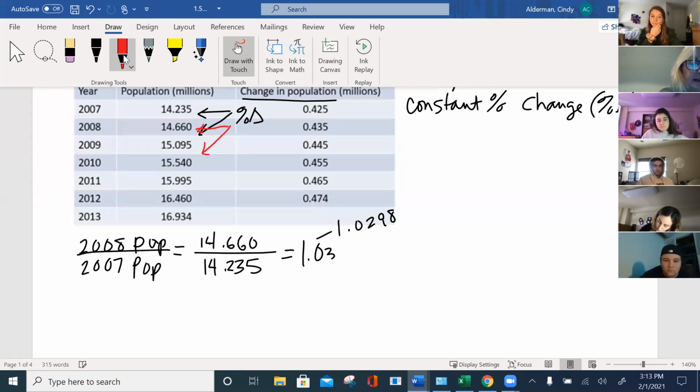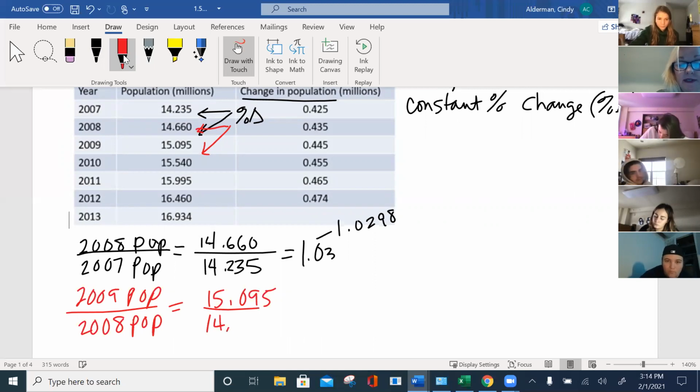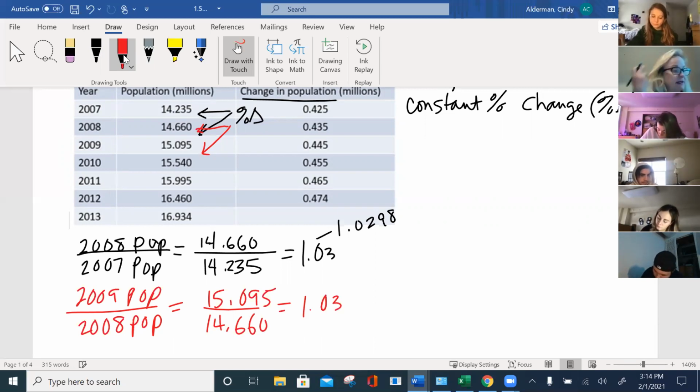So we have, just like we did before, the 2009 population divided by the 2008 population. And you get these numbers, 15.095 divided by 14.660. Put those in your calculator and when you round to two decimal places, you get 1.03.